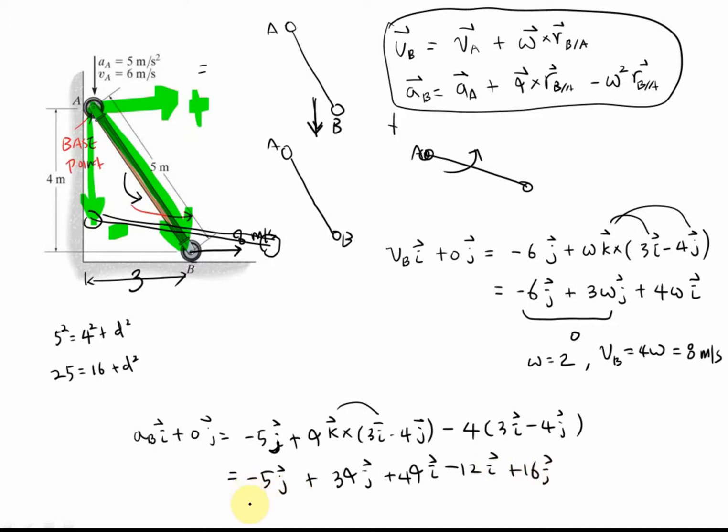So if we equate the left side to the right side, I and J separately, everything in J should be 0. That means minus 5 plus 3 alpha plus 16 should be 0. So from here you can get the alpha. Okay, once you get the alpha, you plug into these equations to get A_B.